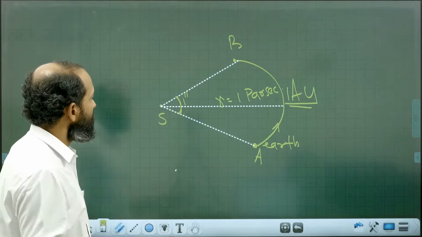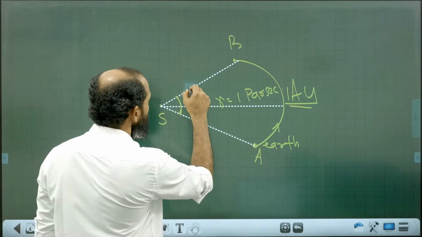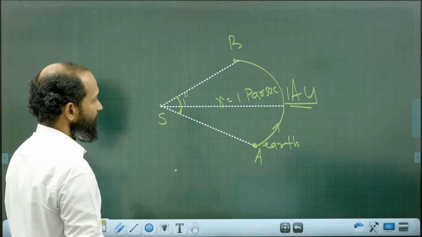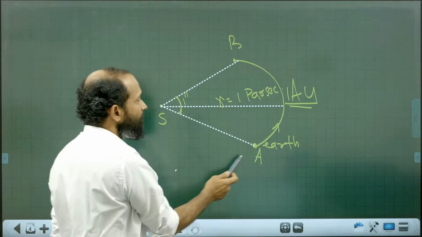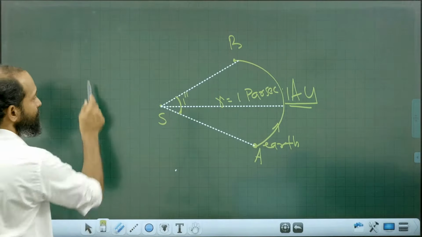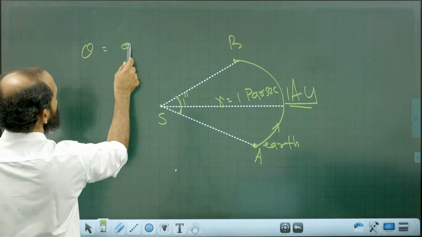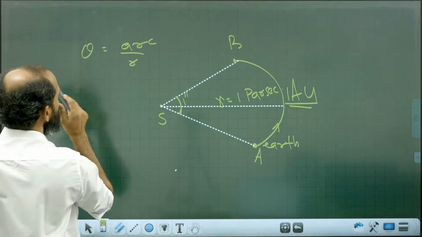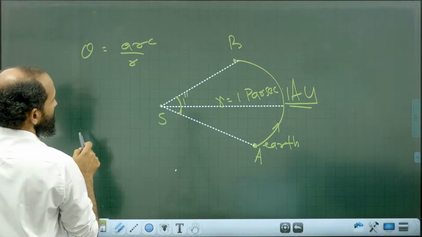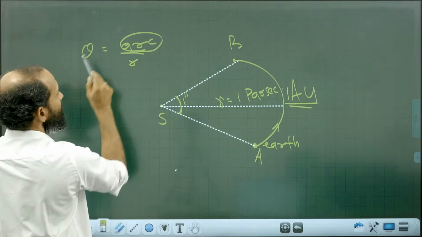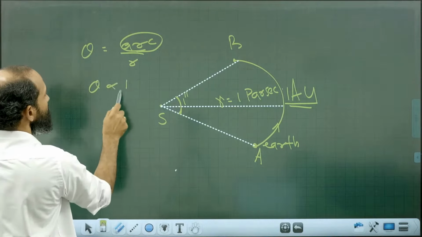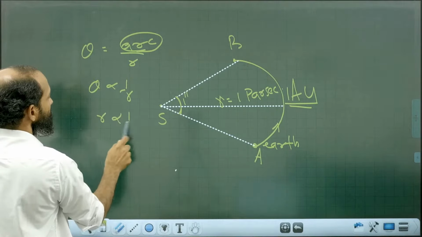If this angle is 2 seconds of arc for the same astronomical unit, as in the previous question, we can use angle is equal to arc divided by radius. For the same astronomical unit distance, arc length remains the same, so theta is proportional to 1 by r, r is proportional to 1 by theta.